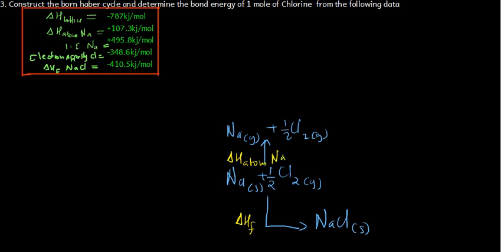After this happens, the sodium can lose 1 electron, and that becomes sodium plus ion in gaseous state, and then you have got half chlorine in gaseous state also. We have lost 1 electron, so an electron comes here, and the energy here is ionization energy.